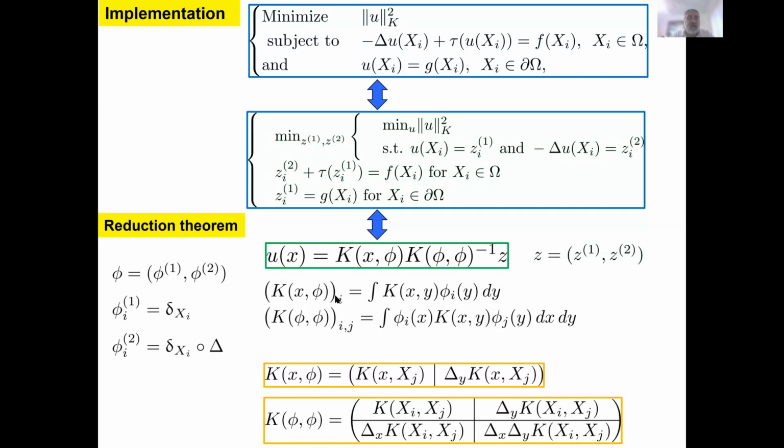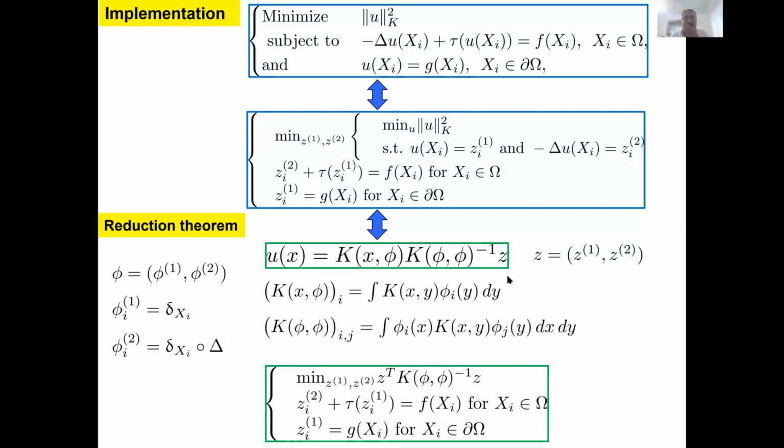Kx phi is a vector whose entries are obtained by integrating the kernel K supported at the point x against the functions phi, and k phi is a matrix whose entries are obtained by integrating the kernel K against the functions phi and phi. Note that the entries of the vector Kx phi and of the matrix k phi are pointwise evaluations of the kernel K and of its Laplacian.